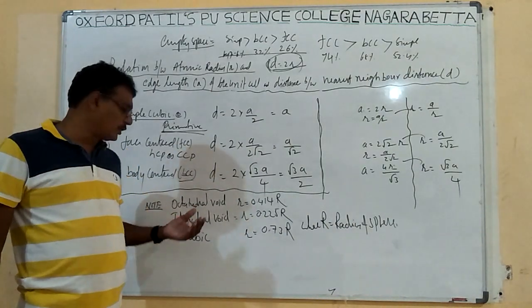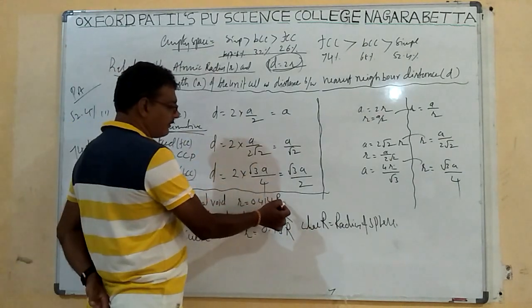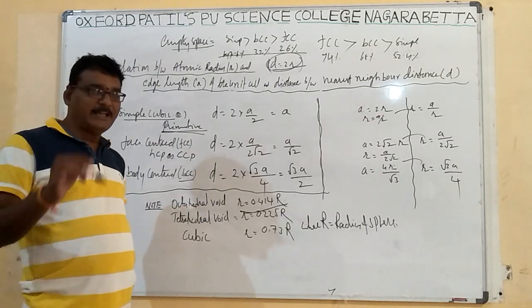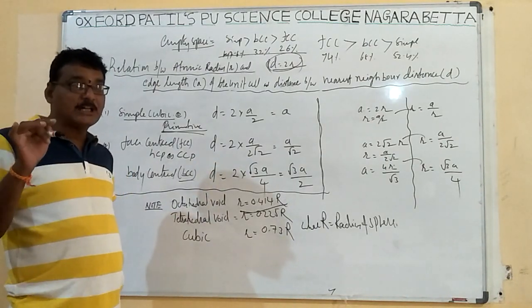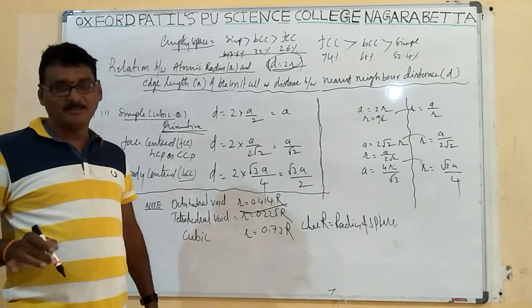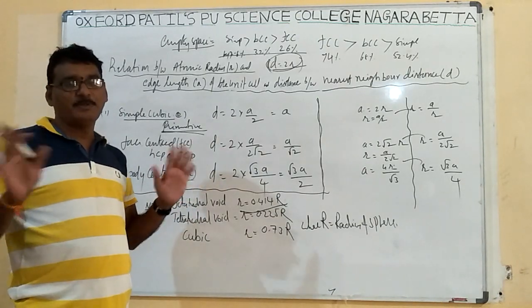First, once you know the octahedral void, r is equal to 0.414 R. Previously the limiting radius ratios were covered; once you know the radius range, you can predict the coordination number. That is purely objective, but not in the PUC syllabus.